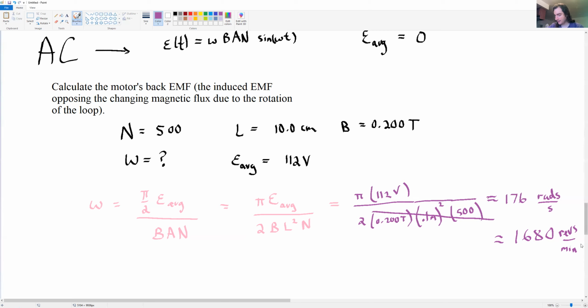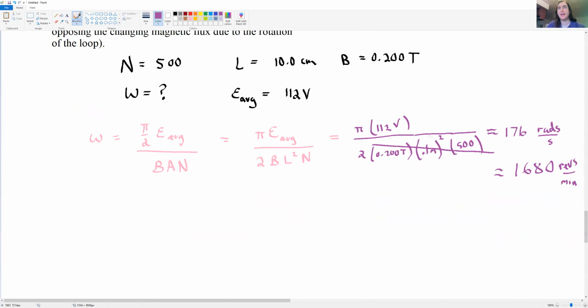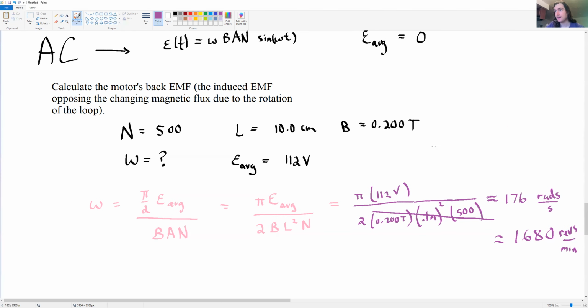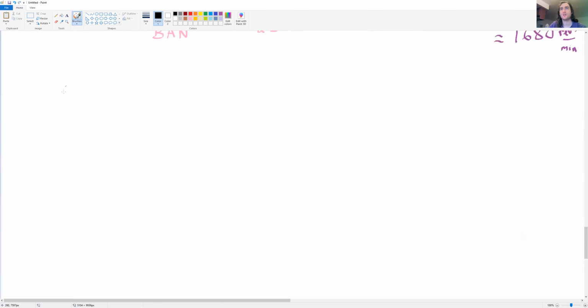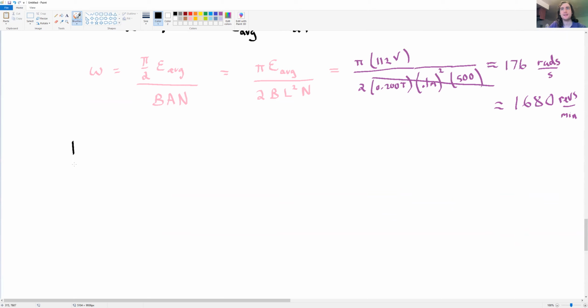Now, since I have mentioned the two types of motors and we've got an equation that tells us the voltage in terms of a sine wave, let's actually talk about the wall outlet here. This is related to the design of these generators. Your wall outlet has something called three-phase AC.